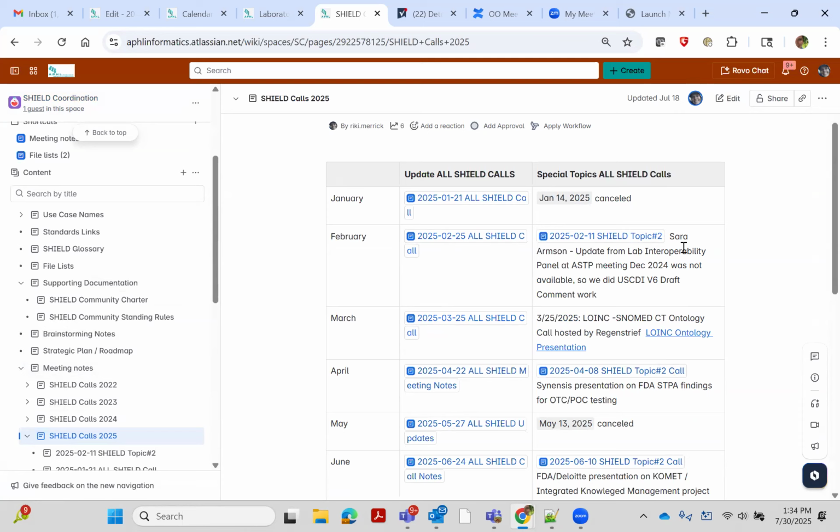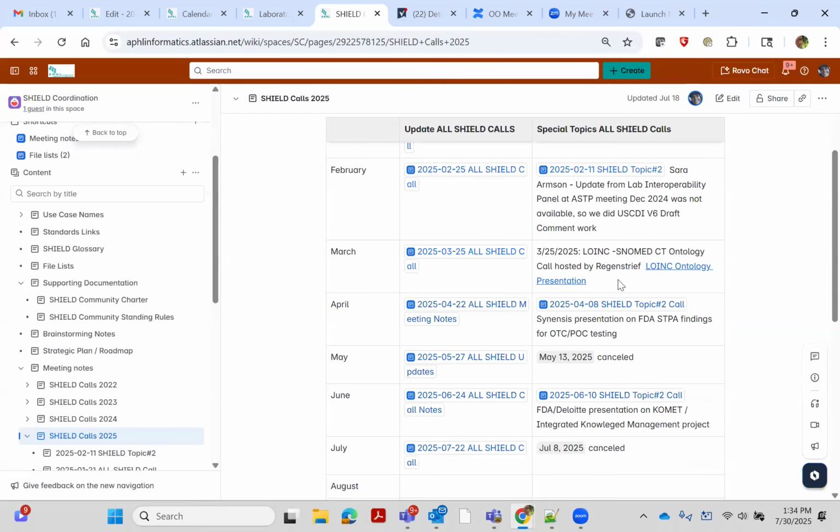listed here. Like we were supposed to get an update of the lab interoperability panel from December, but this was in the communication pause phase, so we repurposed that to work on draft comments. Or we got an intro to the Loinc-SNOMED ontology work. This was one we canceled the call for, but pushed people to attend that instead.